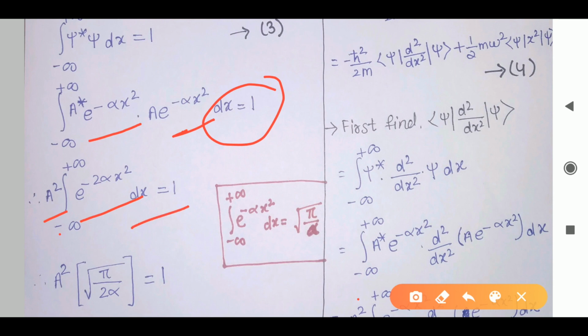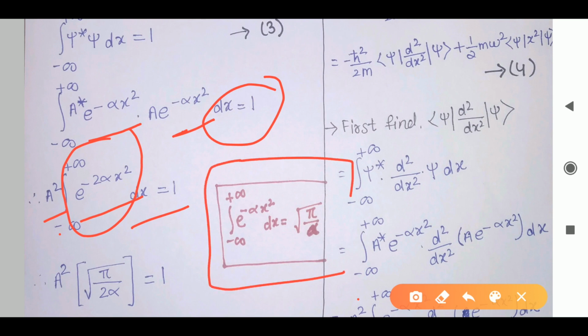So when we solve this, a square as it is, and when we have such kind of integration, instead of solving it directly we can use this standard result that you have to remember.